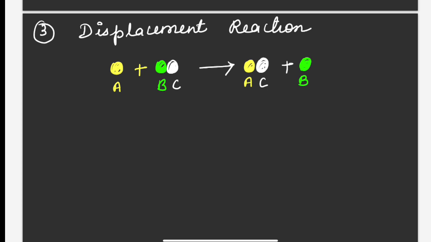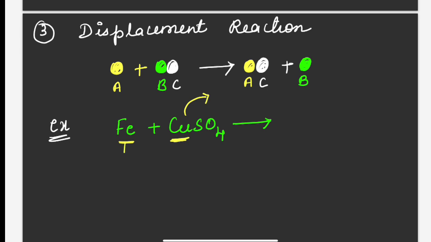Let us take one example for this now. You can take iron. Fe is iron. When iron reacts with copper sulfate, CuSO4, iron will displace copper. Copper will be displaced and iron will combine with SO4.